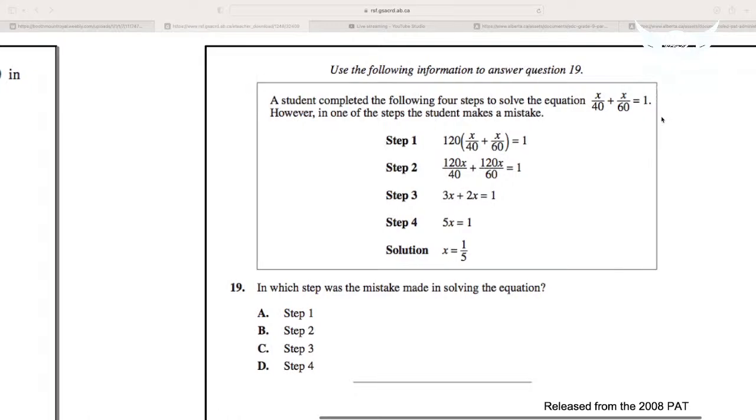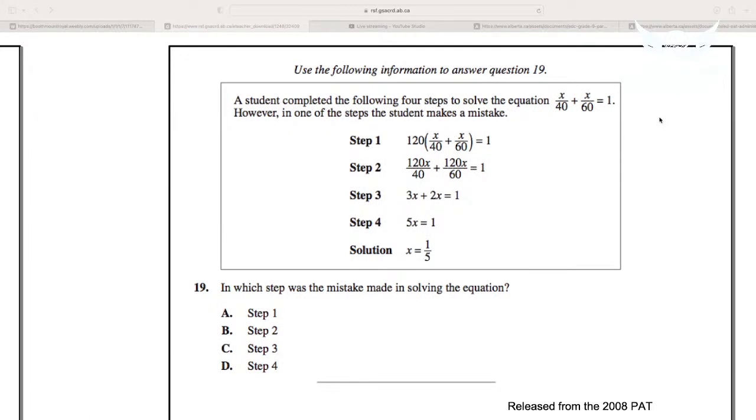In the first step, the student multiplies the left side by 120, but whatever we do on one side, we have to do on the other. So he had to multiply 1 by 120 as well, but he didn't, right? And therefore, the error is in step 1, right there.